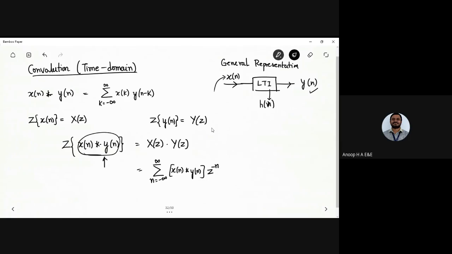This convoluted signal can be written as sigma n equals minus infinity to plus infinity, sigma k equals minus infinity to plus infinity, x of k, y of n minus k, multiplied with z power minus n.